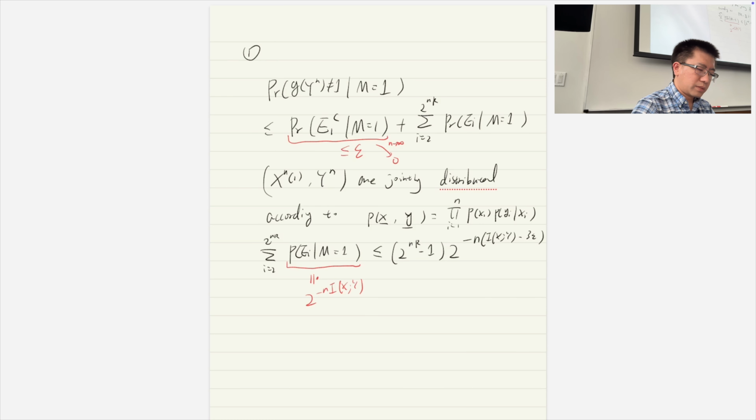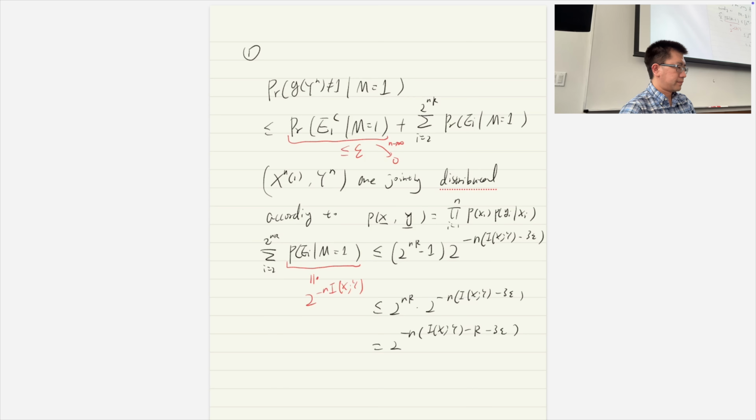Okay, great. Then we can do some manipulation here. For this term we can obviously ignore this one, so it is less than this, multiplied by this, and this equals 2 to the power of, combining these, n times (I(X;Y) minus R minus 3 epsilon). This is for the second term.